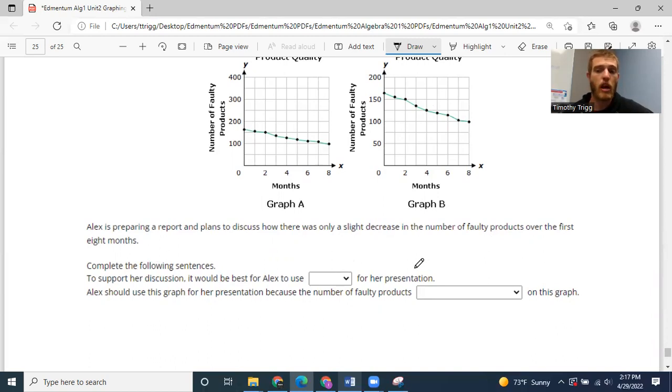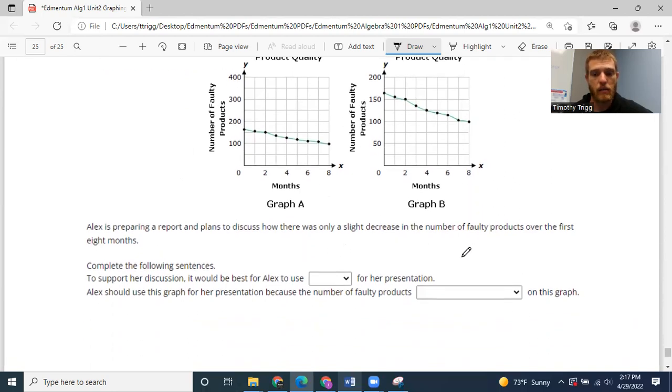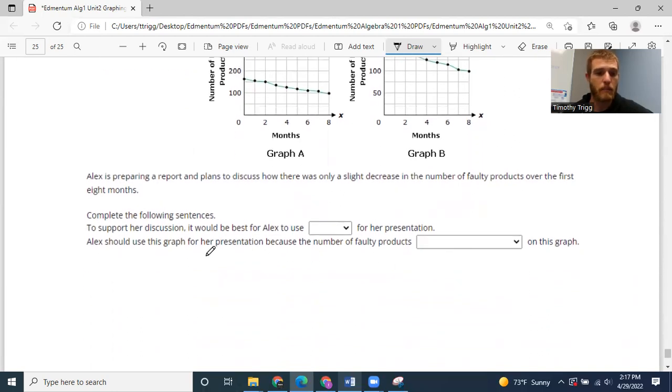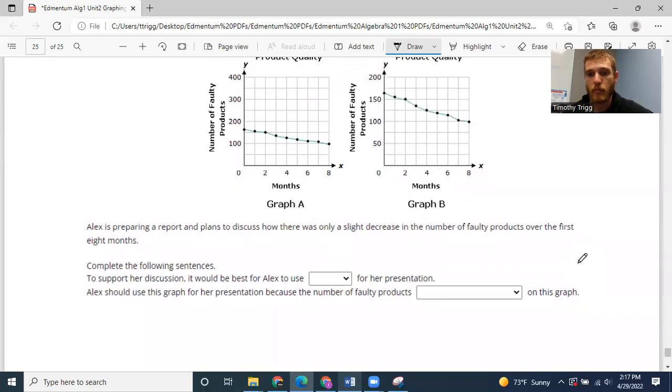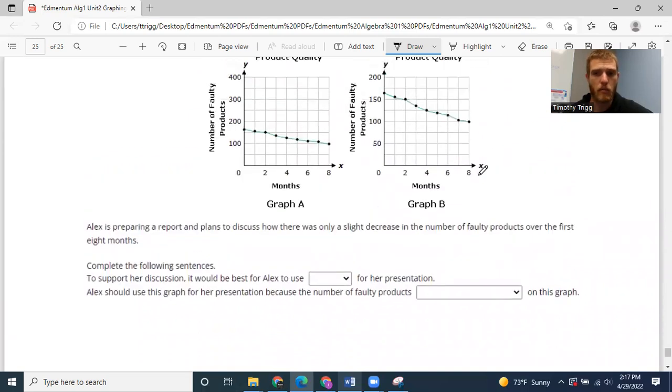So if she's trying to show a slight decrease, does it make more sense for her to show graph A or graph B, even though they both have the same information? Alex should use this graph for her presentation because the number of faulty products blank on this graph. Okay, so I want you to think about that. We've done ones like this before.